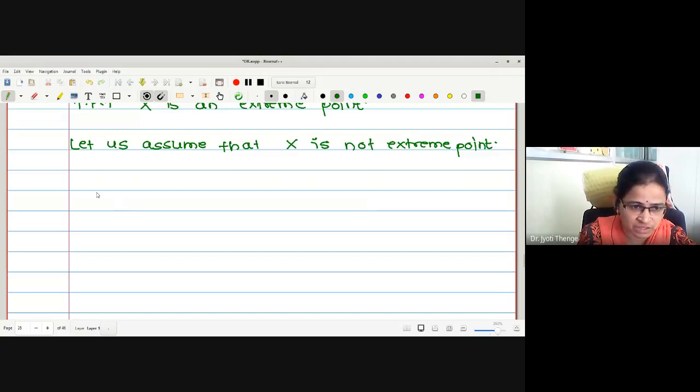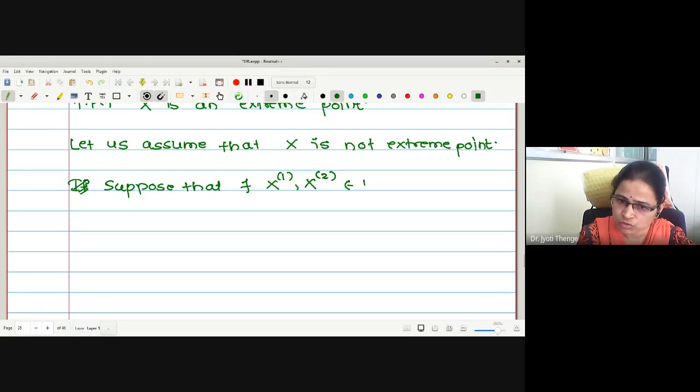So, if possible, suppose that there exist x1, x2 belonging to F, with x1 not equal to x2. Distinct points I am selecting.